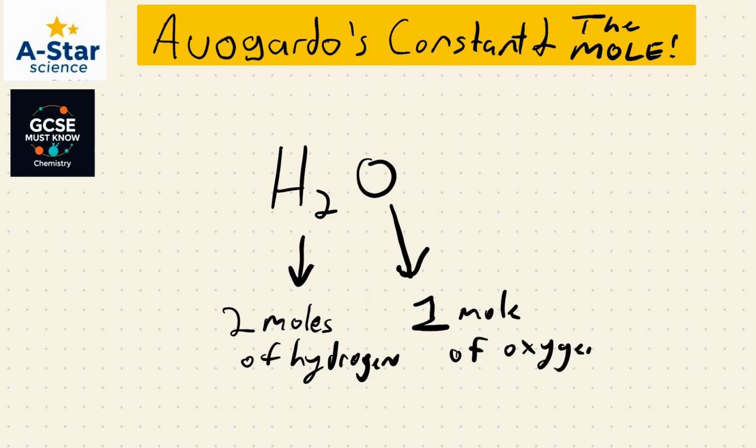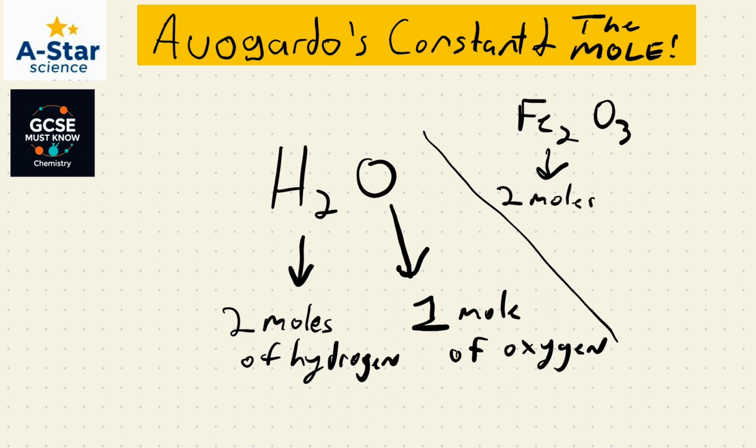And I want you to start thinking about formulas that way. Let's say we looked at iron oxide, Fe2O3. This is telling us that for every 2 moles of iron, we need 3 moles of oxygen.